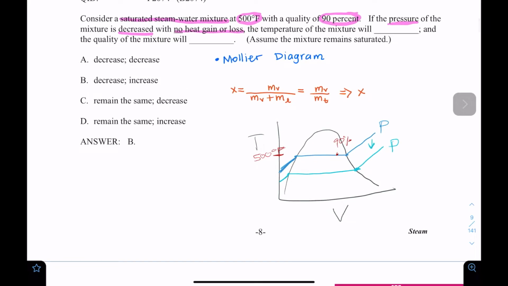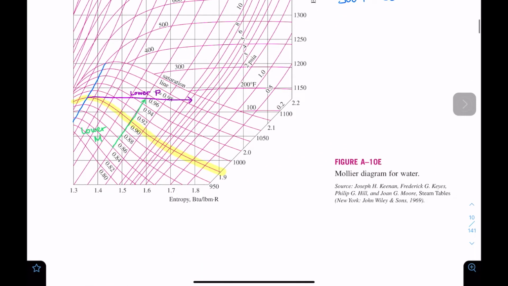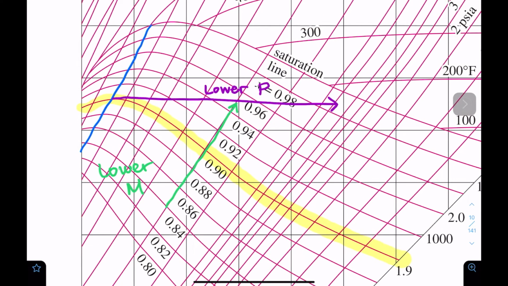So I know that the pressure of the mixture is decreased. That's something that I know. So in my Mollier diagram, this is the direction where I'm lowering my pressure. So what happens when I lower my pressure on the Mollier diagram? If I start here, if I lower my pressure, that means that I start with this quality.